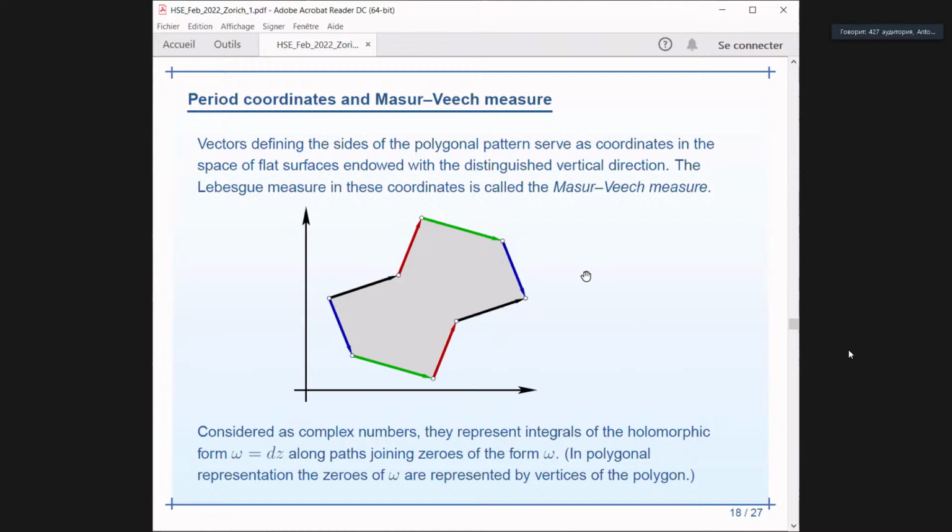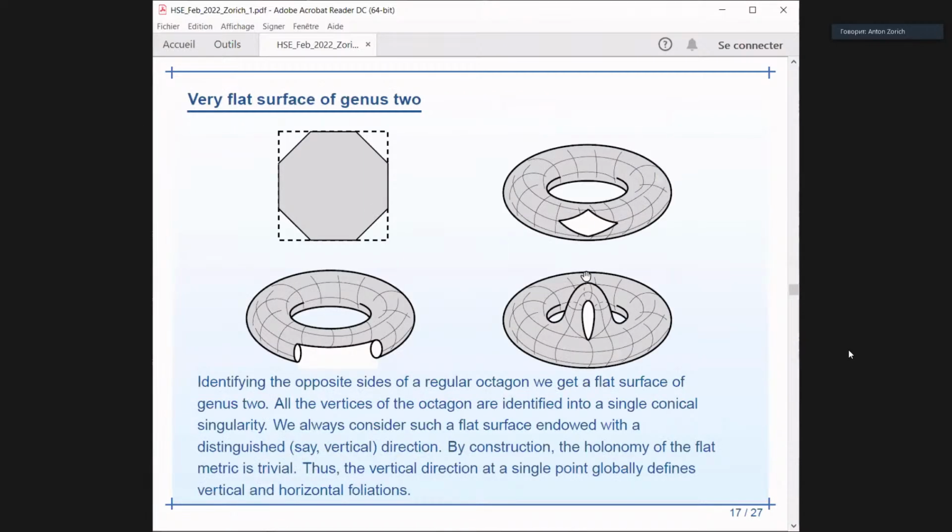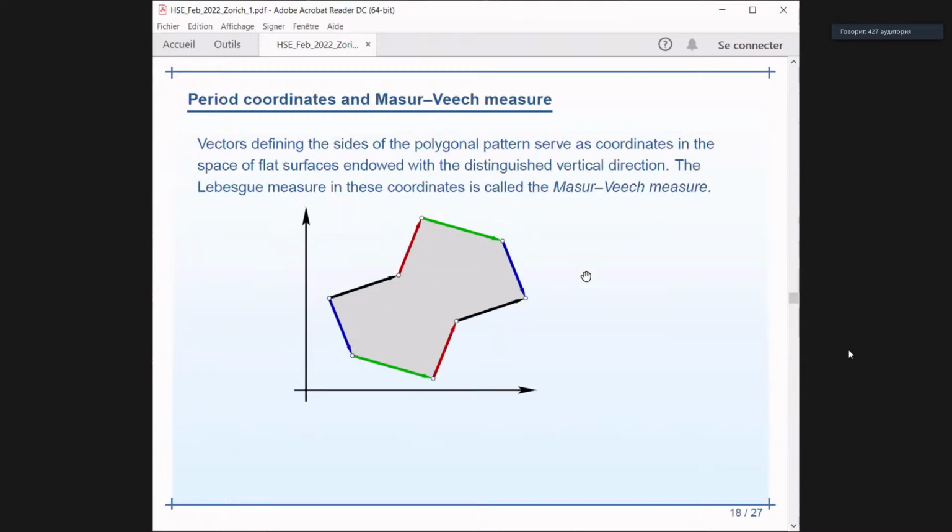Sorry, and why will the topology be the same? Because the combinatorics of identification is the same. Yeah, but you were able to choose a different order of vectors. If you compare it with this one, you can verify that the permutation is 4, 3, 2, 1 as before. Yeah, that's what I understand, but you were able to choose a different order. Or if I choose another permutation, I risk getting another genus.